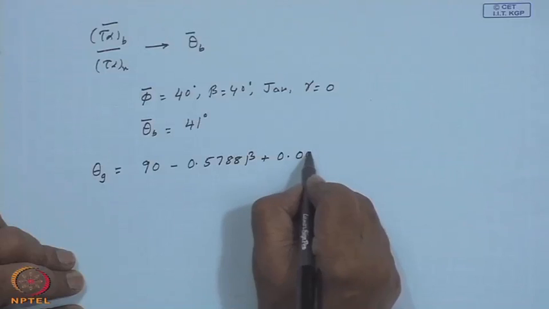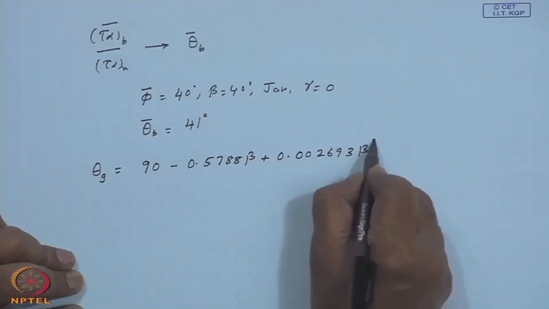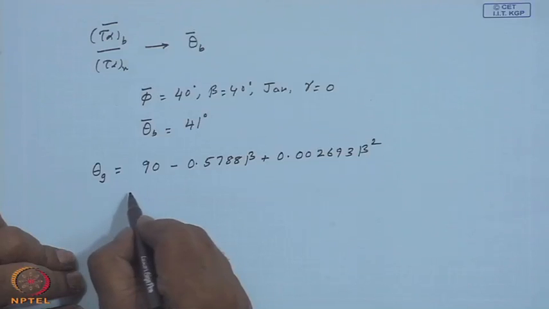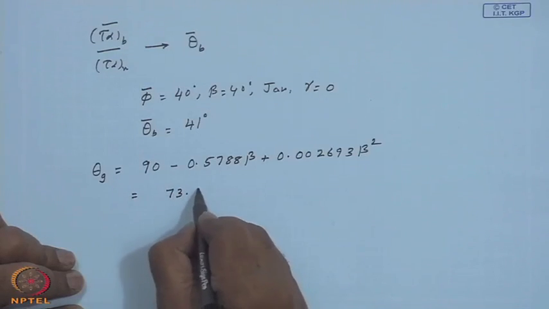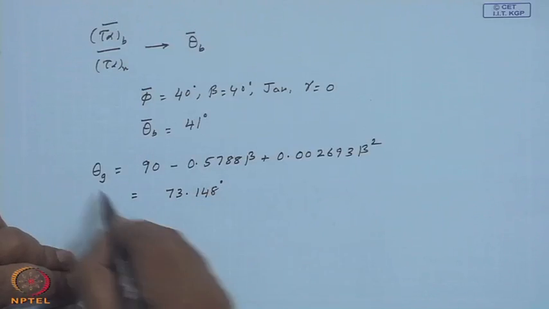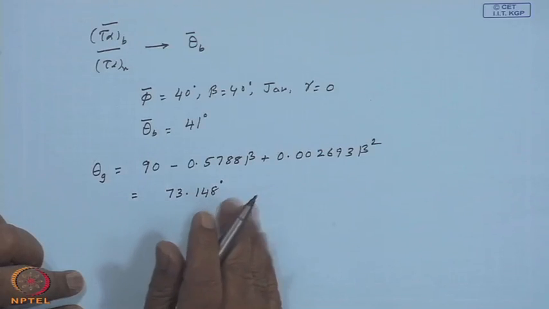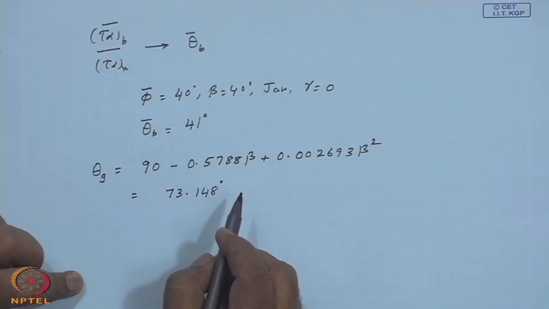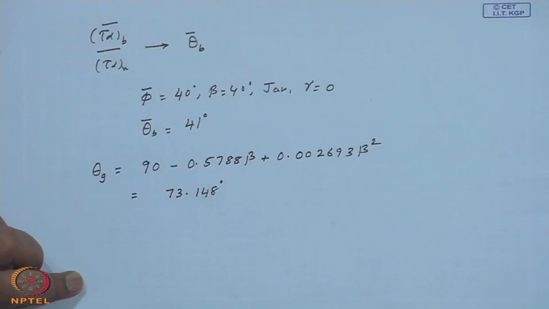So, you should not be looking surprised where from these things have come. So, this will turn out to be 73.148. Now, you see we got a theta g greater than 60 degrees, calling for some relation for theta to be valid other than the Astor relation, which is valid for less than 60 degrees.